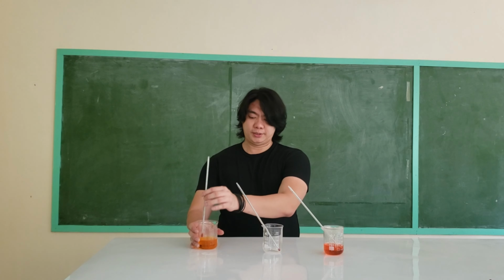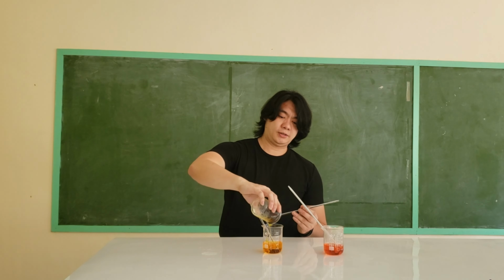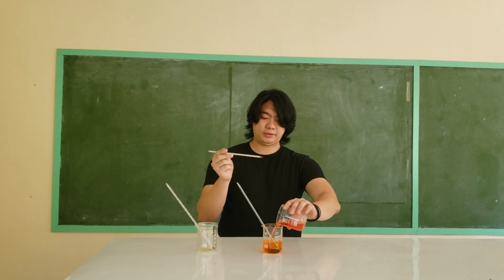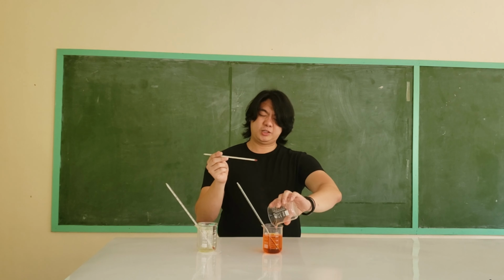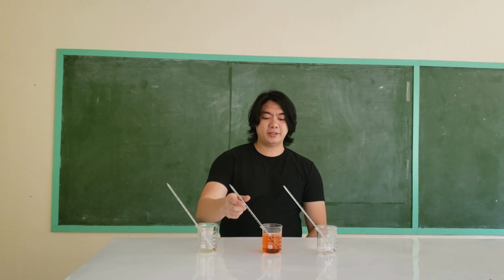So, I'll pour this. And I will also. These two water samples are now in contact, so there will be a free exchange of energy in the form of heat. And let's see what will be the resulting temperature.